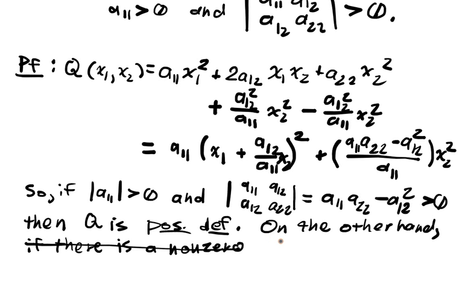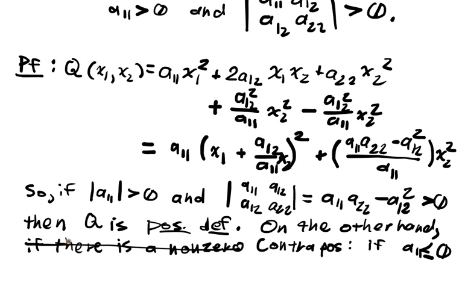So the contrapositive says that, let's suppose a11 is less than or equal to 0.